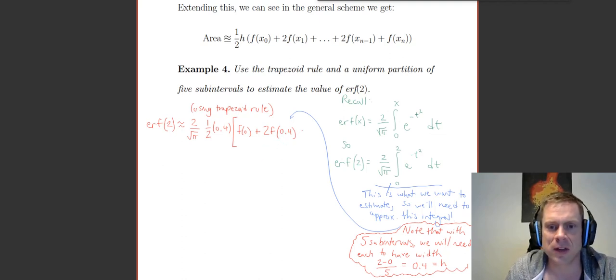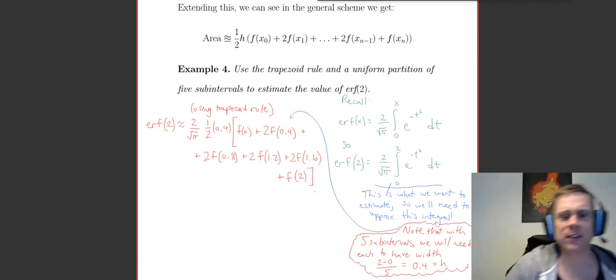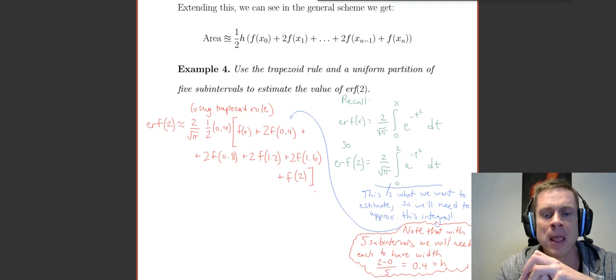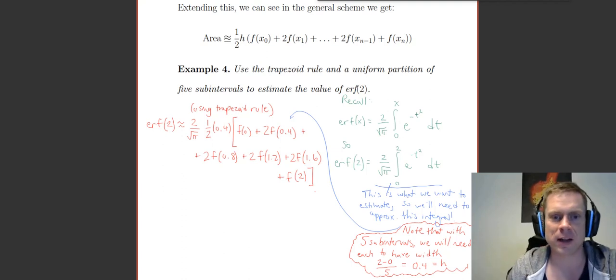And I'm going to keep this up, plus on a second line here, 2 f of 0.8 plus 2 f of 1.2, and you're going across, I didn't give myself enough room. I need a single one of the right endpoint, so f of 2. So this is essentially how we need to do it, okay? That follows the rule from above, and we just need to apply it accurately and make sure that we don't screw up using our calculators.